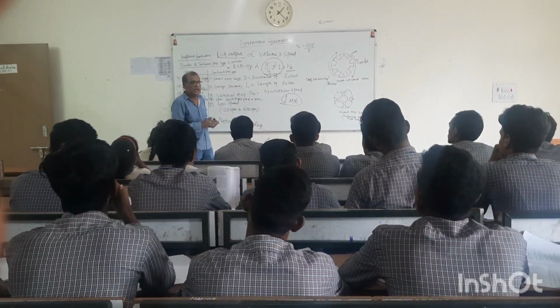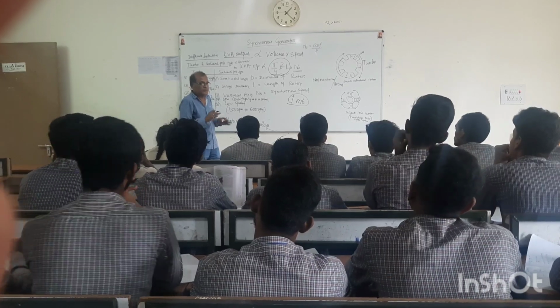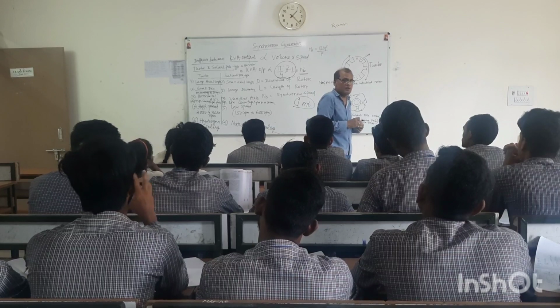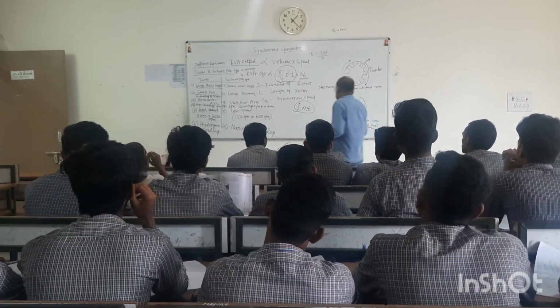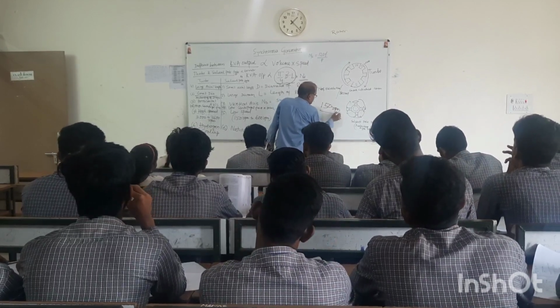But in the case of a hydroelectric or salient pole turbine, a salient pole rotor, for example the Bhakra powerhouse, the hydroelectric powerhouse, the speed is limited to 150 RPM.